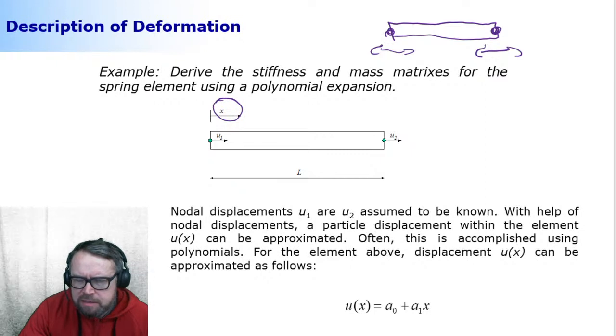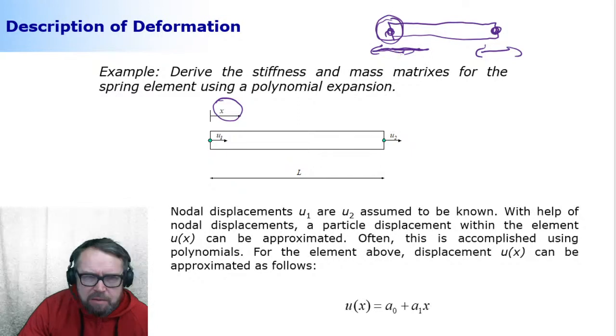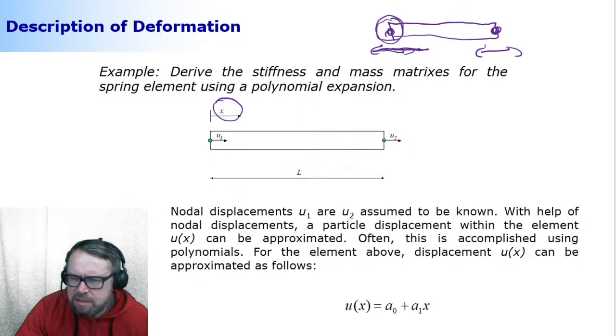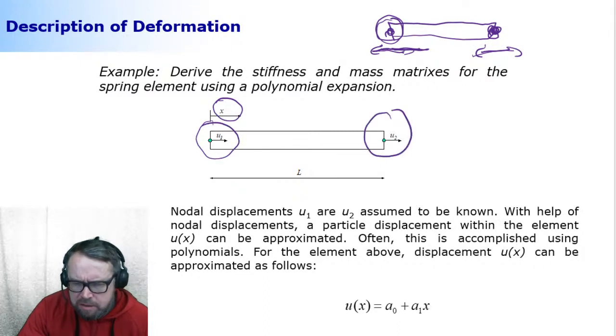Because there is only one way that this point can move, this way. If you think about what happens if it goes in the reverse direction, that's still the same way, it's just a minus sign. So there's 1 degree of freedom at this nodal location, and 1 degree of freedom at this nodal location.